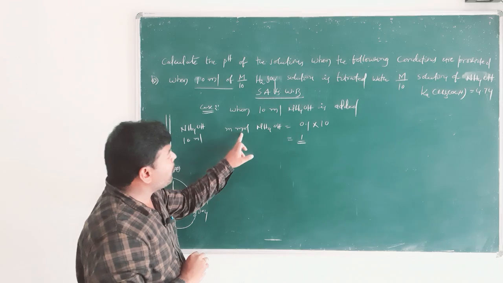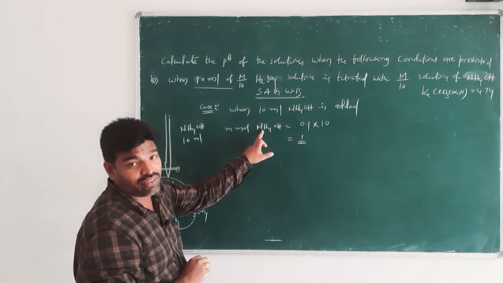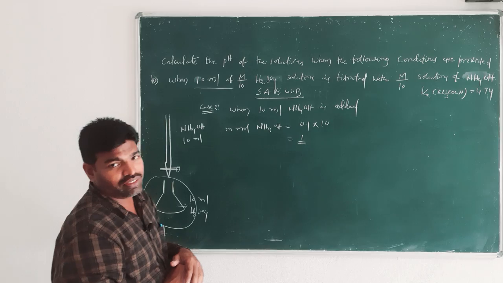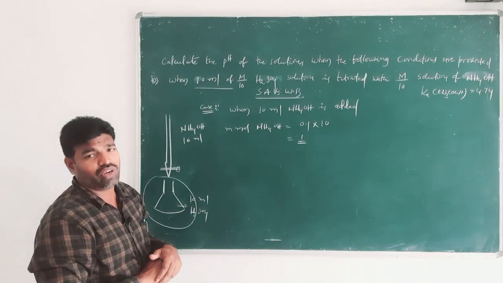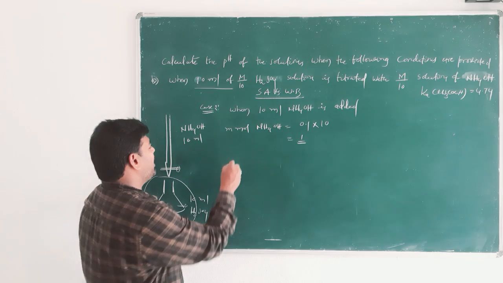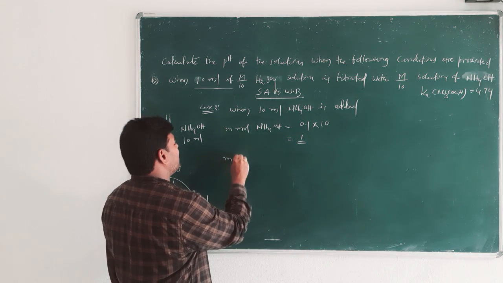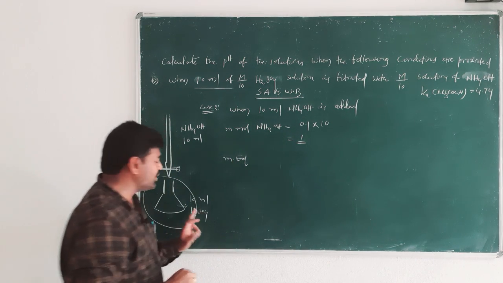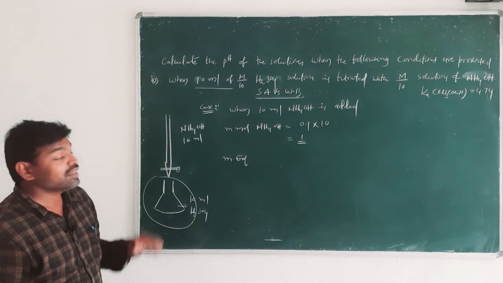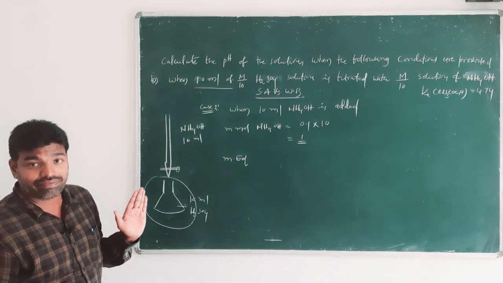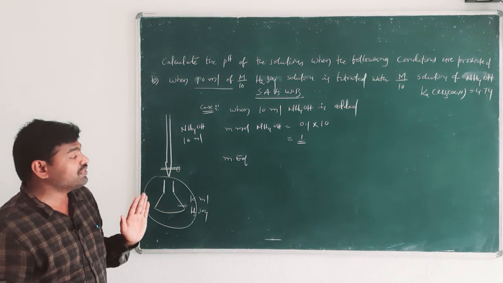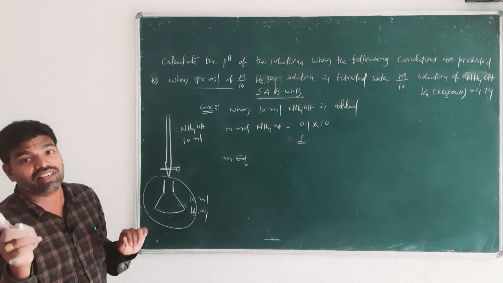Millimole of NH4OH is equal to milliequivalent of NH4OH, because there is only one OH, its acidity is 1. But in the case of H2SO4, we have to calculate the milliequivalents, because for H2SO4, millimoles and milliequivalents are different.